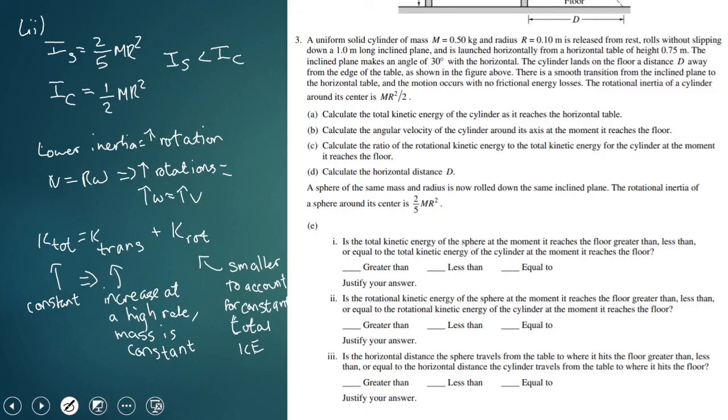But you have to consider the rate at which it's changing, and so overall the rotational kinetic energy of the sphere would have to be less than the rotational kinetic energy of the cylinder, because the rate at which the translational kinetic energy is increasing at the moment it reaches the floor is significantly larger than its change in rotational kinetic energy. So you essentially only have to consider the change in the translational as it's going through that projectile motion and reaching the floor.